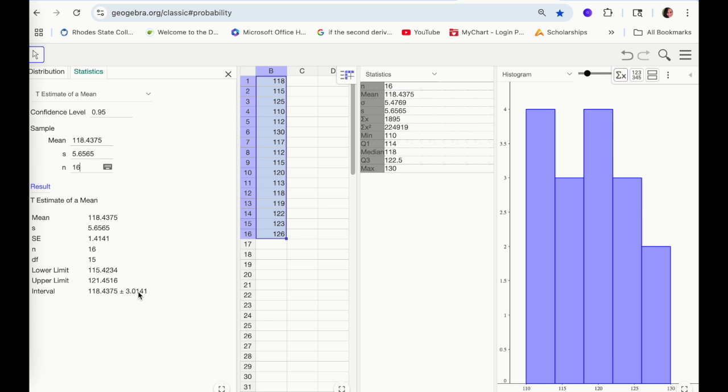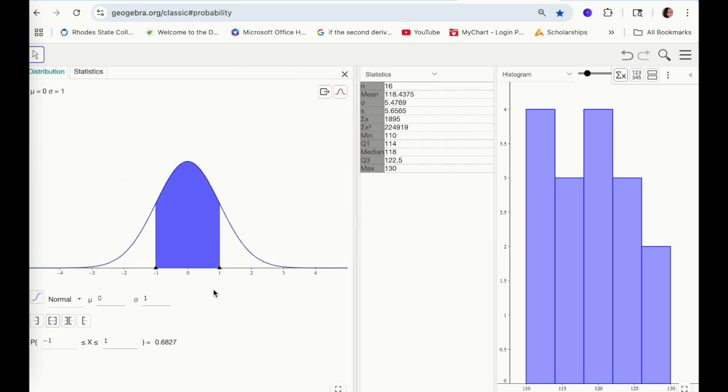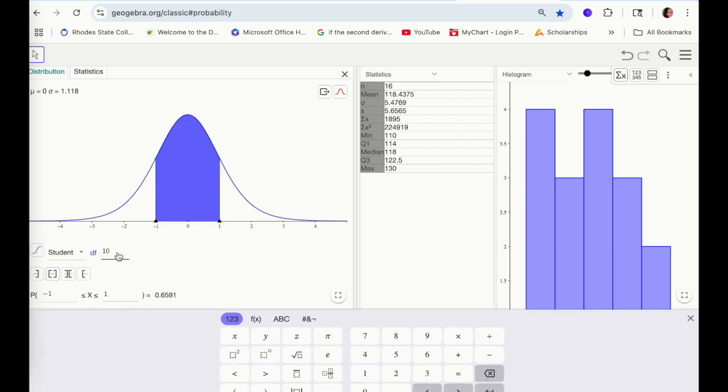So let's hop over to the distribution tab and let me show you how you can find your T-score. Instead of using the normal curve for the Z interval, we're going to switch to the student T distribution for a T interval. Right here where it says DF, remember the degrees of freedom is one less than the sample size.